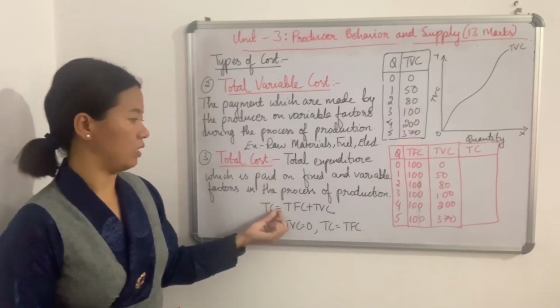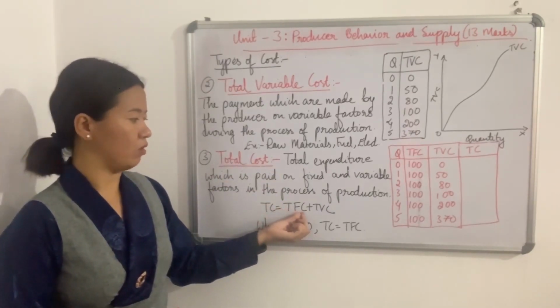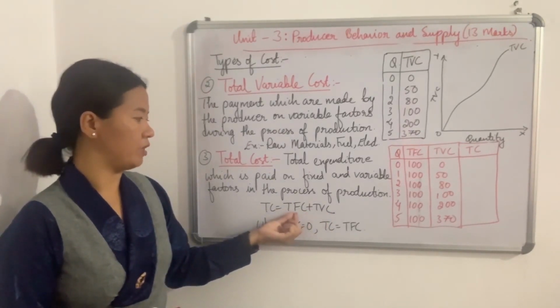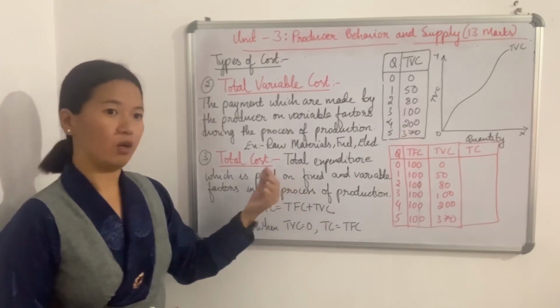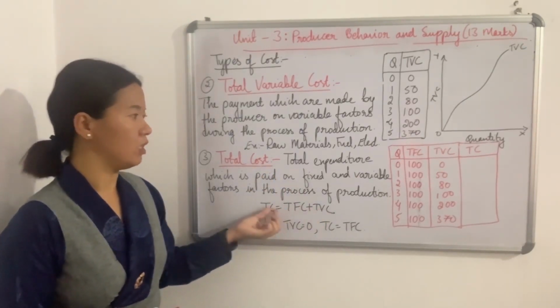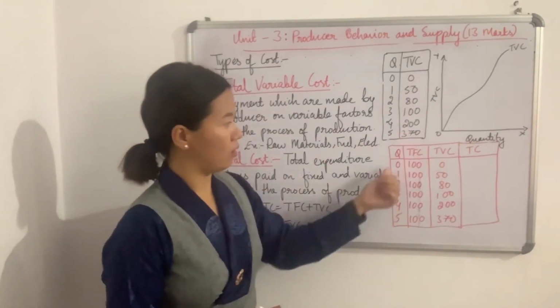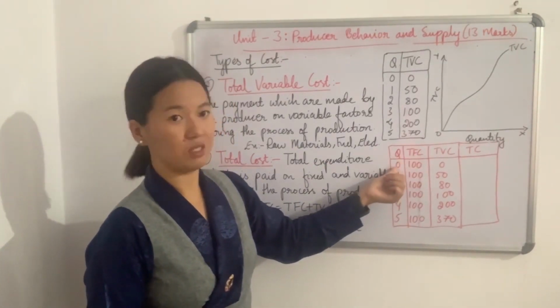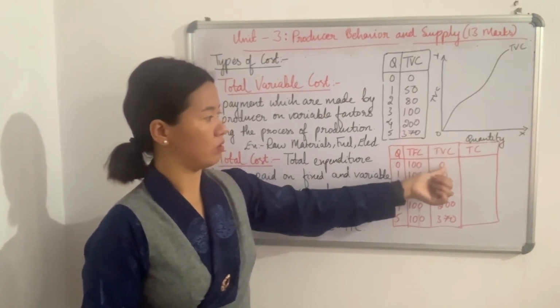So total cost is equal to total fixed cost plus total variable cost. When we sum up the expenditure incurred on these two factors, we get total cost.